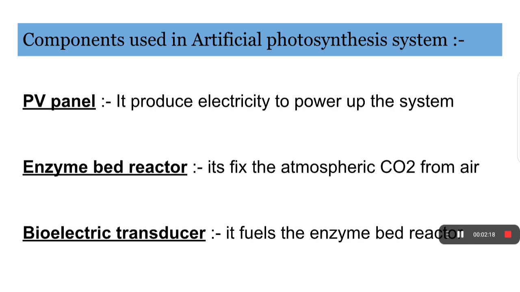The device used to capture this CO2 is the enzyme bed reactor. And next is a bioelectric transducer. This bioelectric transducer fuels the enzyme bed reactor. These two devices are linked to each other, or they are dependent on each other.